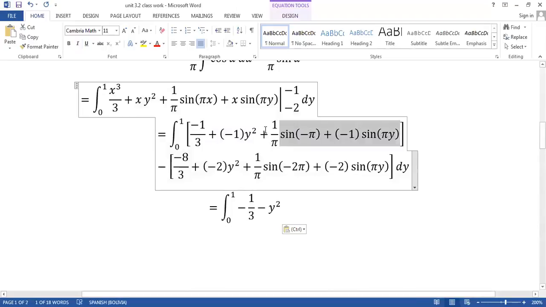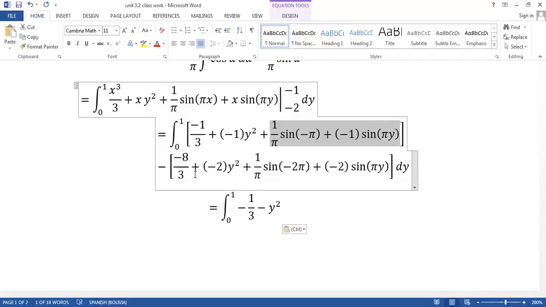Sine of negative pi is equal to 0. Okay, first of all, a circle consists of 2 pi radians, yes?